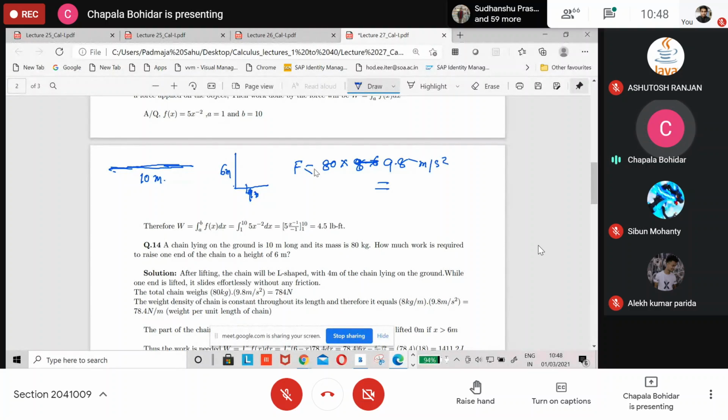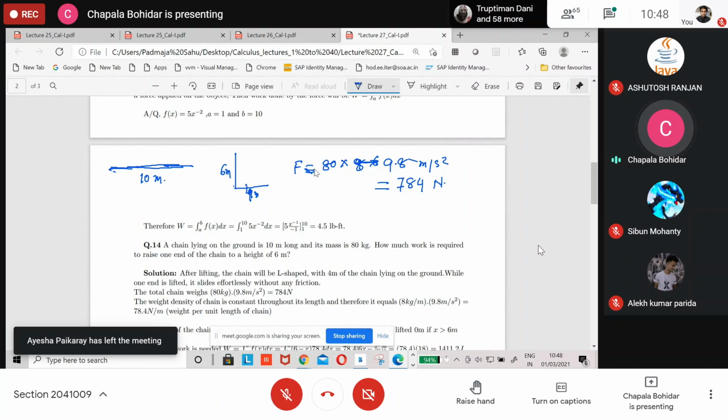So we get 784 Newton. Okay, the force on this chain, we got it.